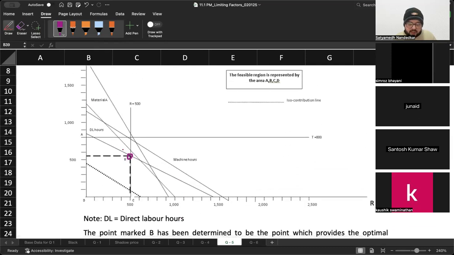If you think of material A, the line for material A, यहाँ पे देखो, this line is above, हाँ, ये line जो है, this is above this particular line, इस direction में है, this is above this particular line, material A का line. So material A is not fully utilized. Because material A is not fully utilized, that means देखो इसके ऊपर है इधर भी. So that means there is unutilized capacity.